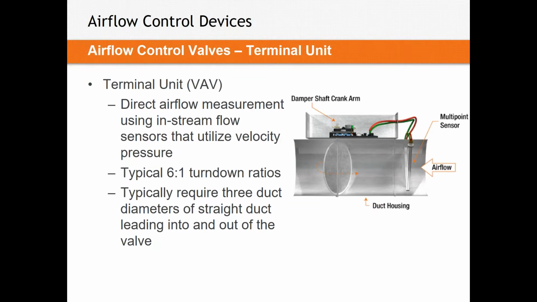So we often need 3 to 5 diameters even upstream of these valves and sometimes downstream to get a nice clean measurement. And if we don't have that upstream or downstream straight duct, what can be impacted is our measuring accuracy. And that's the big defining feature.